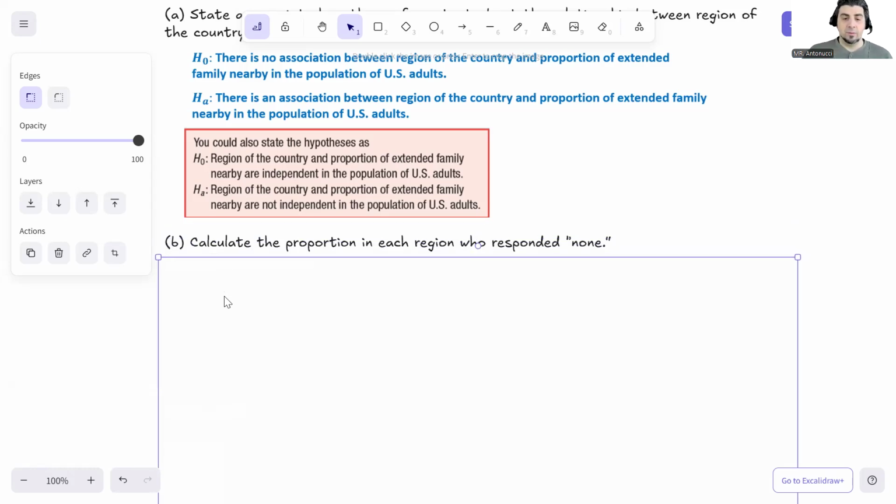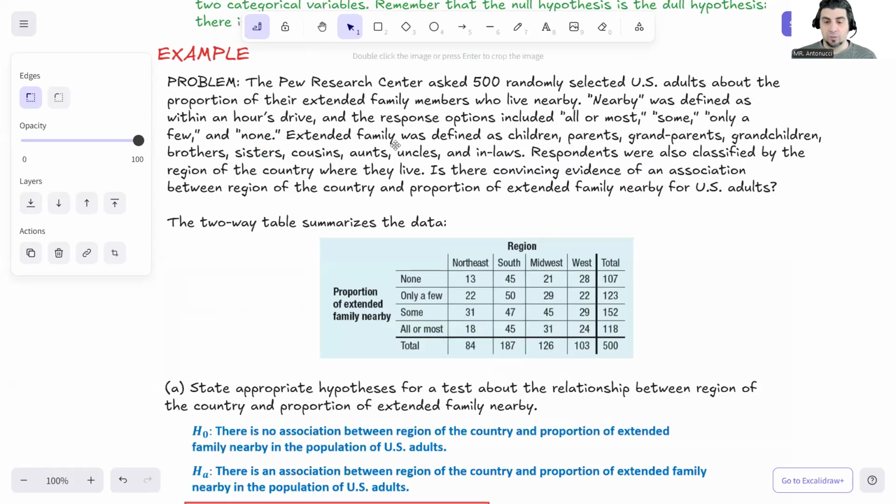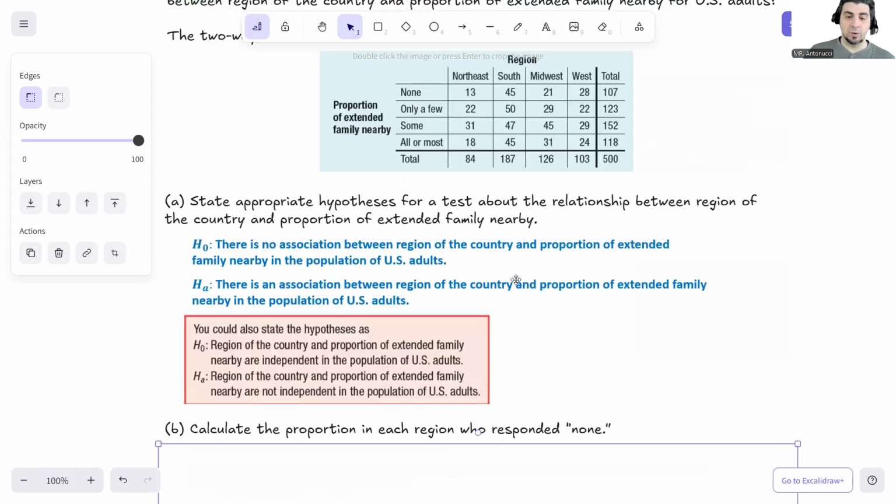All right. Now we want to calculate the proportions in each region who responded none. So how we do this is you have to look at each region. So there's Northeast, South, Midwest, West, and the amount in each is 13, 45, 21, 28.